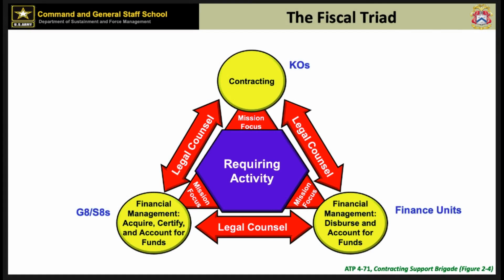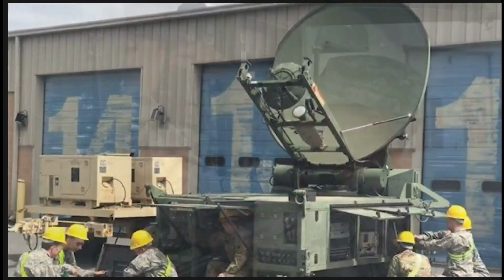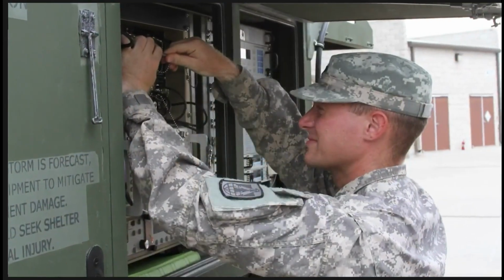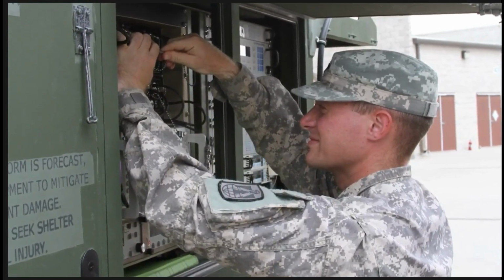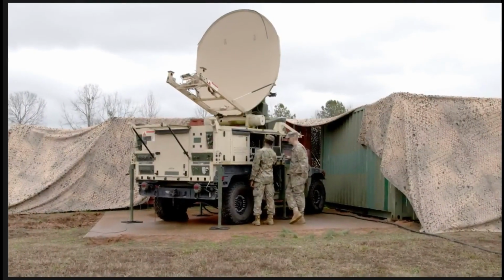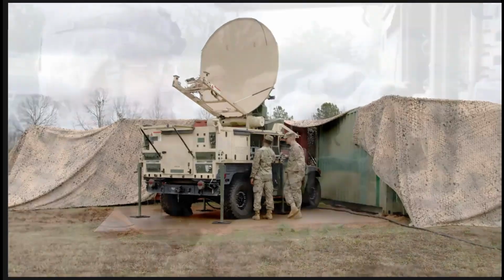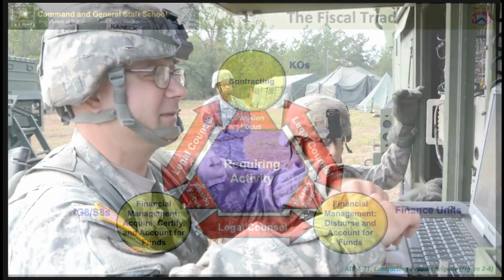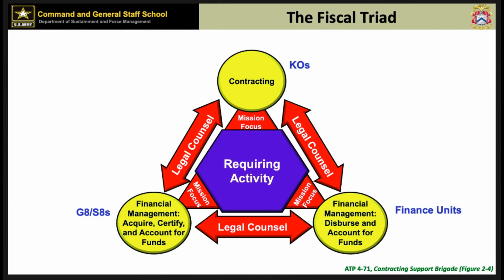Each component of the triad must coordinate closely, adhering to laws and regulations to ensure proper fund obligation and prevent fraud, waste, and abuse. Although each element operates independently, their collaboration is essential for successful contract support.